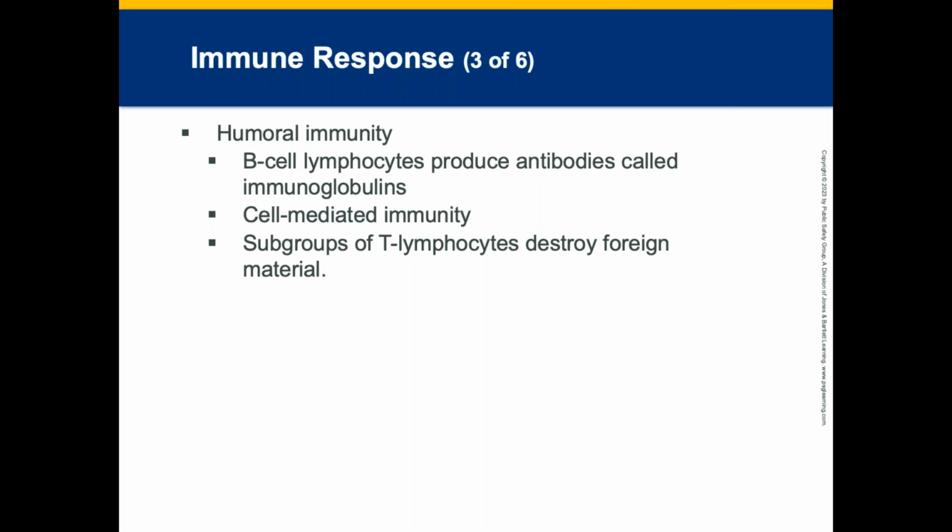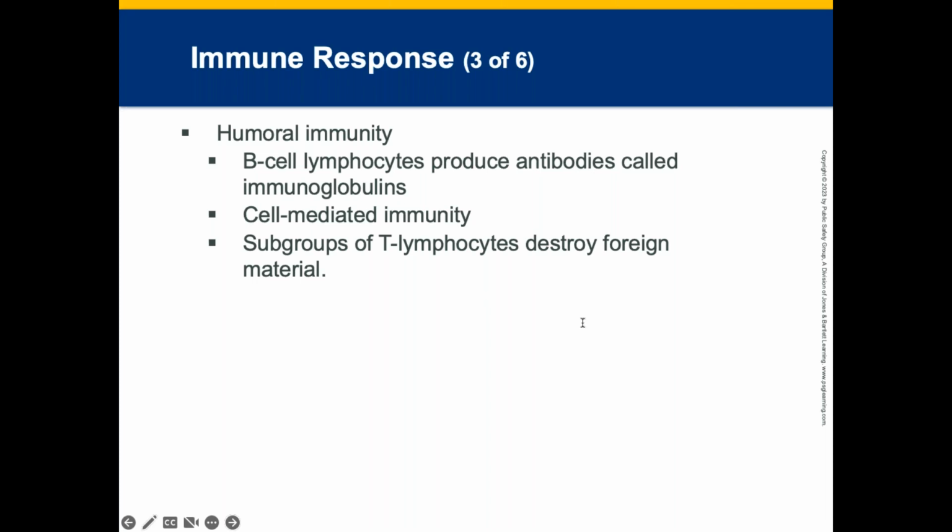In opsonization, an antibody coats an antigen to facilitate its recognition by immune cells. So antibodies cause antigens to clump for easier phagocytosis, I should say. Antibodies then bind to inactivate some toxins produced by bacteria.